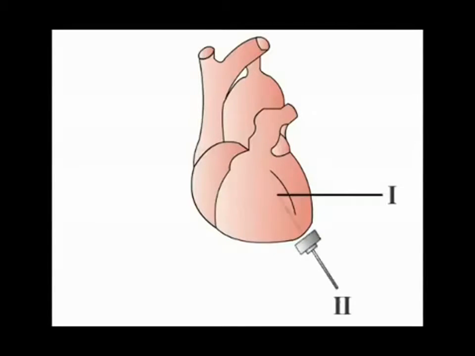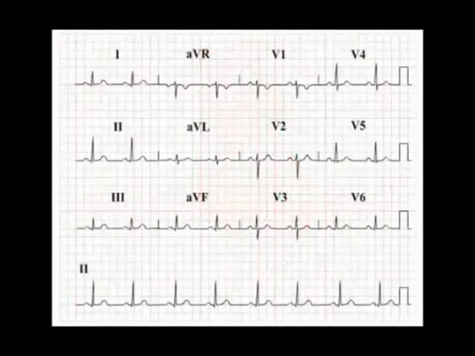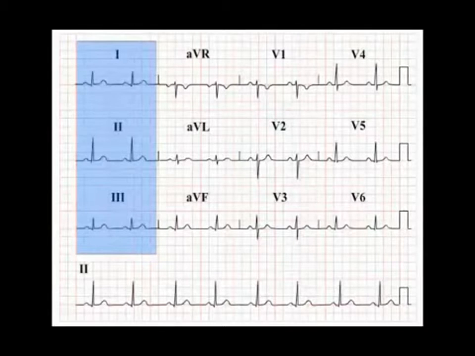Lead 2 looks at the heart at an angle 60 degrees further clockwise, while lead 3 is positioned a further 60 degrees clockwise from lead 2. These angles will become important in the next section of this course. The readout from the standard leads, leads 1, 2 and 3, are recorded down the right-hand side of the ECG paper as shown here. We are now left with 3 further vertical leads to remember.